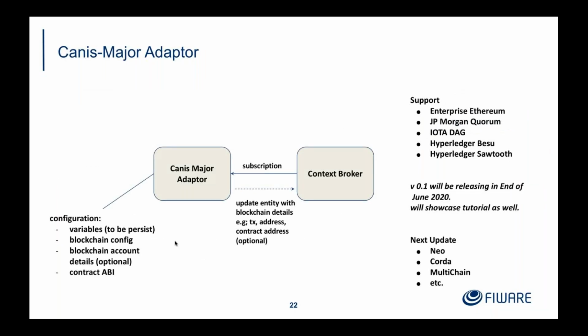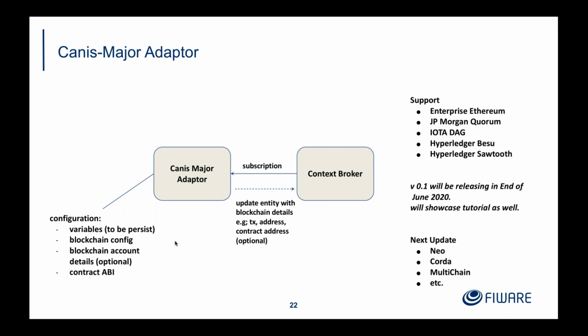What we are developing to make all this feasible is a concrete component we call the Canis Major adapter, which will essentially be able to subscribe to a context broker, the context broker that is part of your architecture, and capture notifications about given updates.